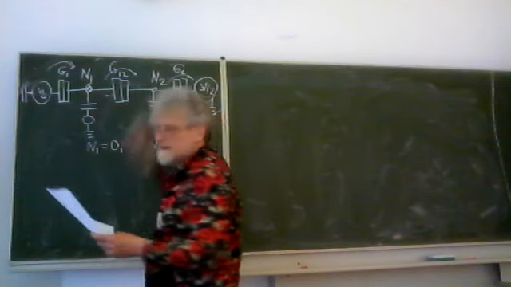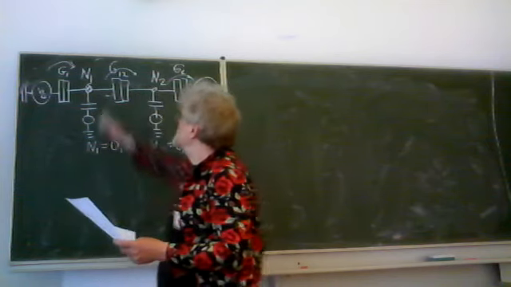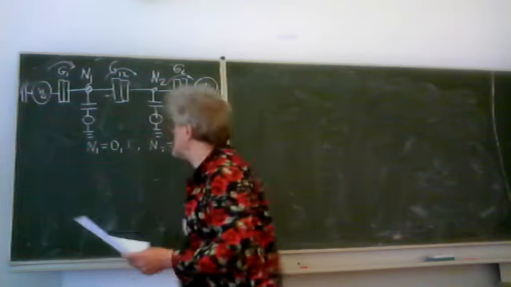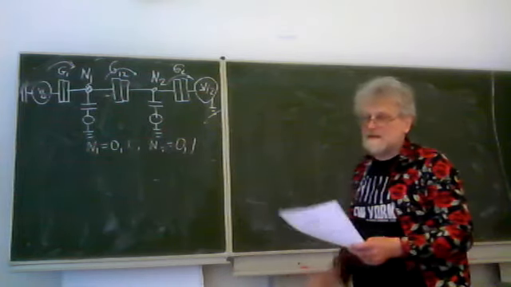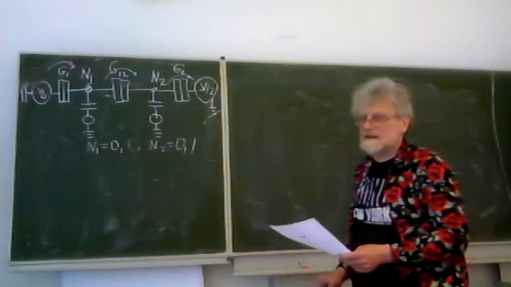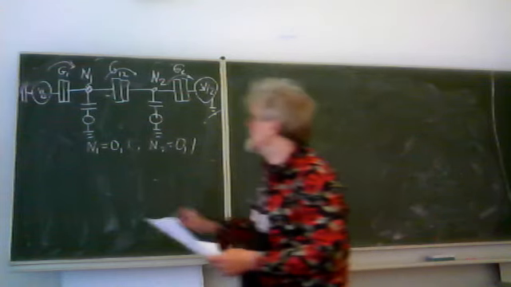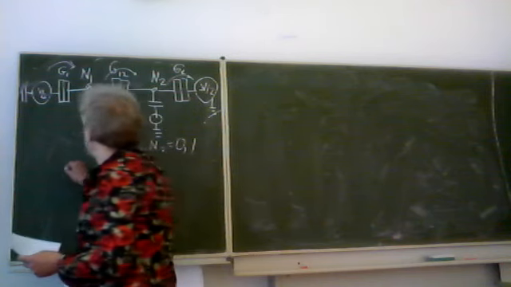One here and one here. But there will be no two electrons in the same island. Good. I always start with a diagram in master equation. There are 4 possible states.